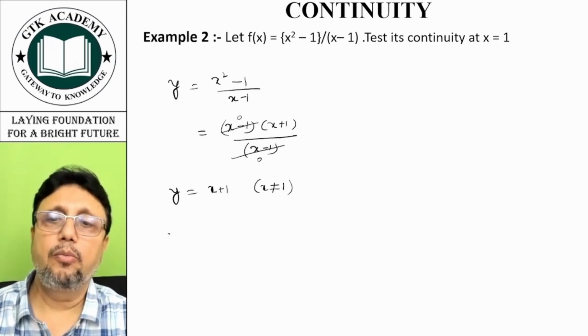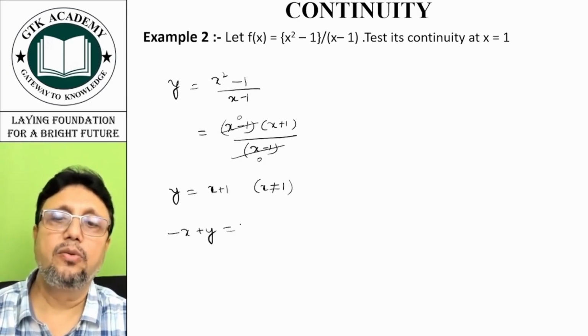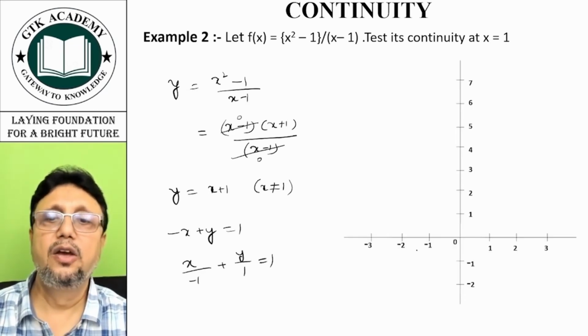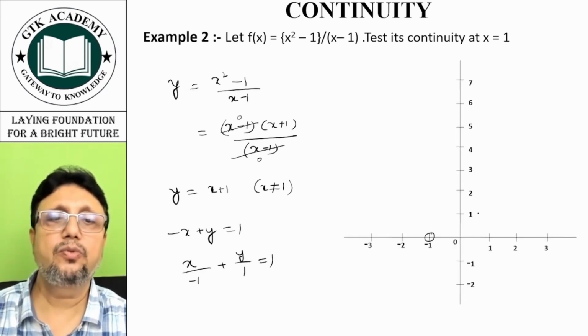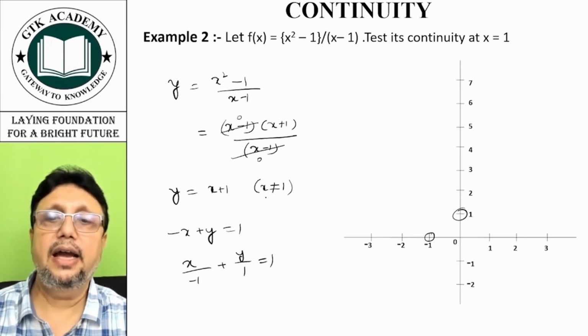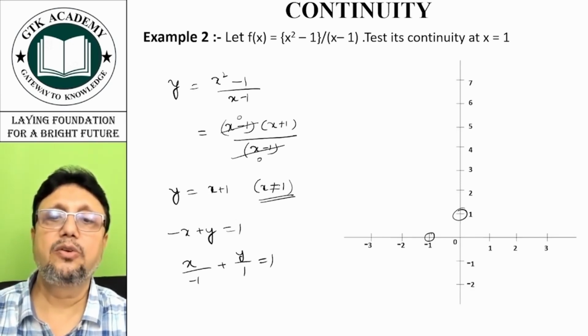That means minus x plus y is equal to 1, x upon minus 1 plus y upon 1 is equal to 1. This is a straight line which has an intercept of minus 1 on x-axis and plus 1 on y-axis, and except x is equal to 1, this line is defined everywhere.